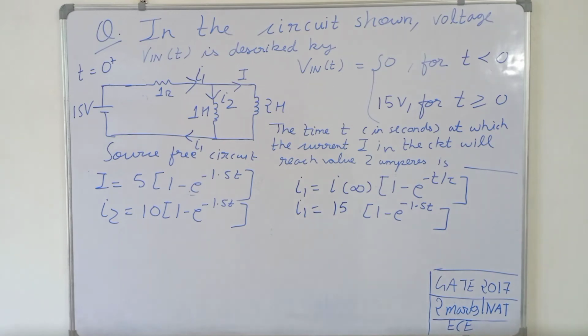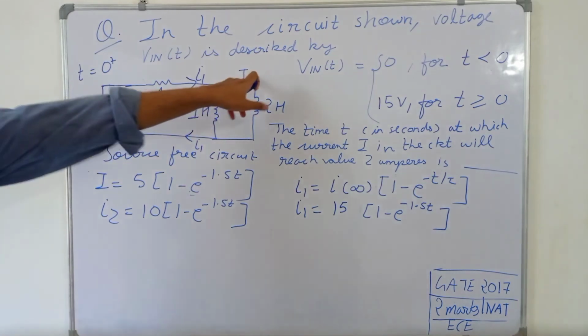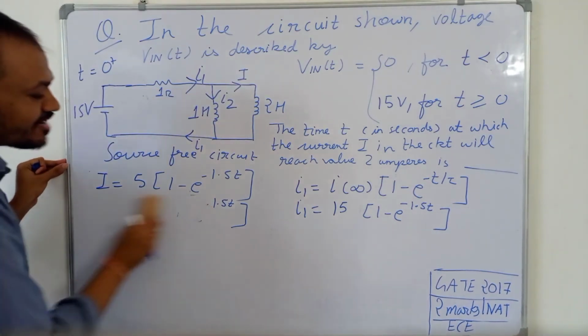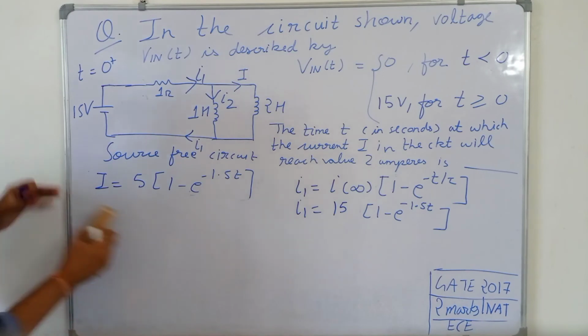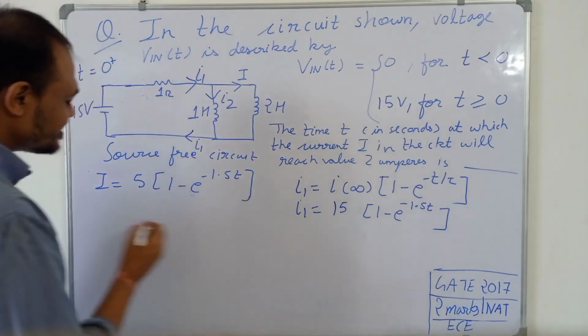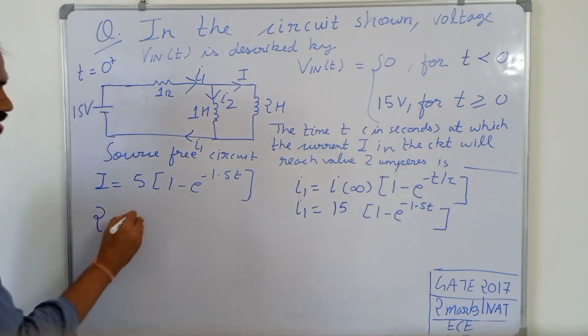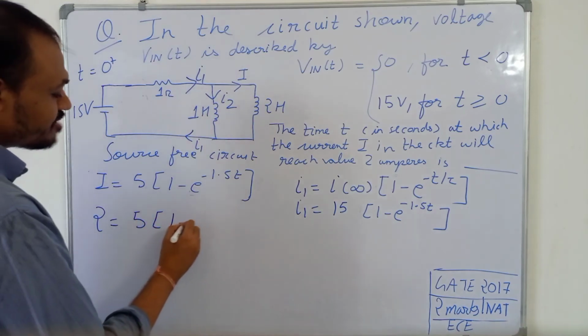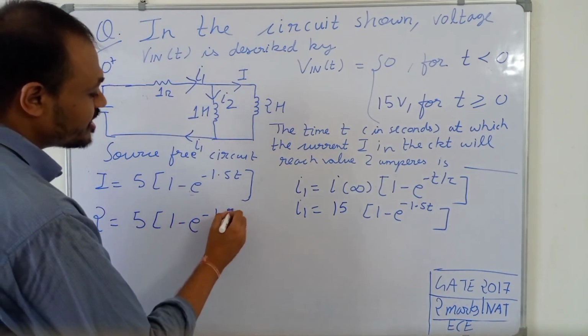So now we have to find the time at which this current I reaches a value of 2 ampere. So we can simply write 2 equal to 5 into 1 minus e to the power minus 1.5 t.